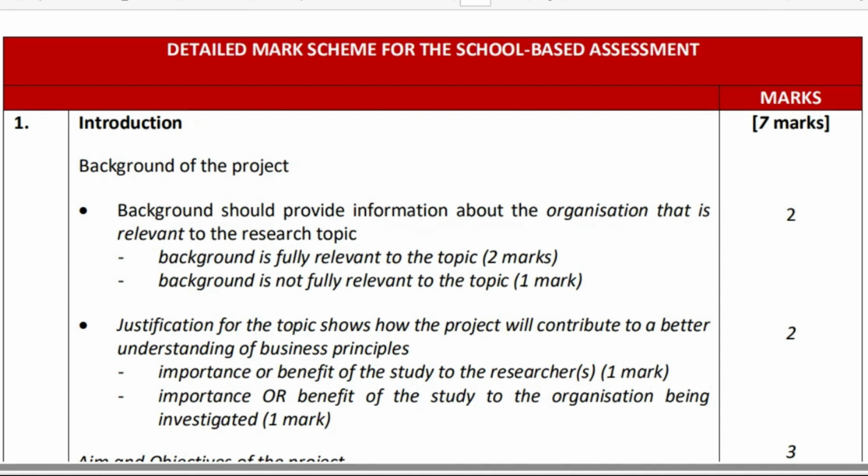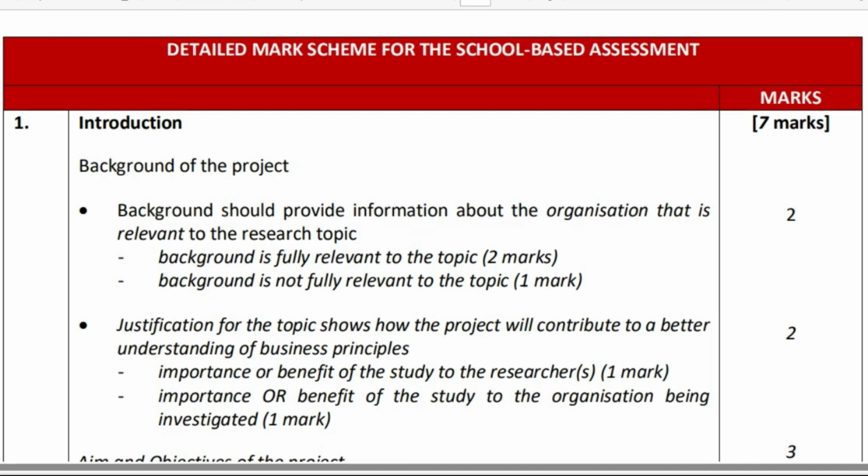Now, the first thing you must take note of is that the SBA report is 1,500 words. Remember, the word count does not include things like the cover page, title page, table of contents, diagrams and tables, references, and appendices.